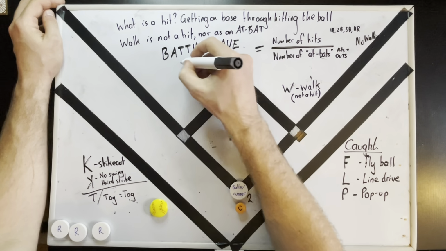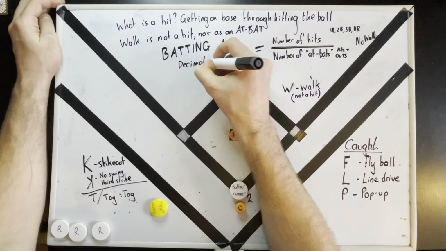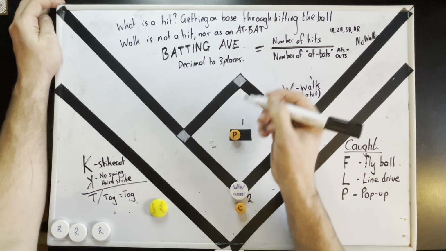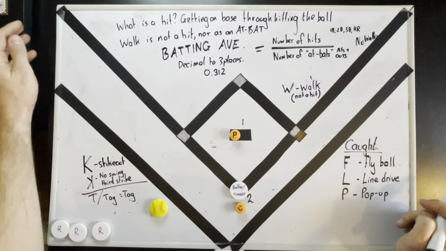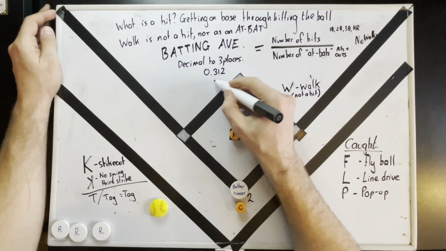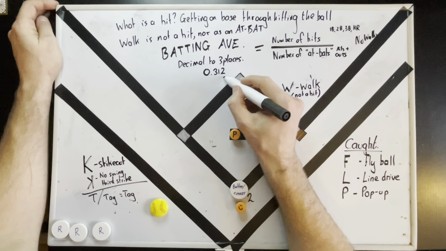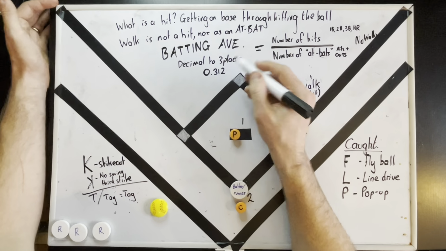And this is usually written as a decimal to 3 decimal places. So in baseball, you might see somebody's batting average is .312. That would be considered quite a good batting average in baseball. Probably in slow pitch softball, quite a low batting average. In slow pitch softball you want to see batting averages probably in the .700s, so 0.7 something or 0.8 something.